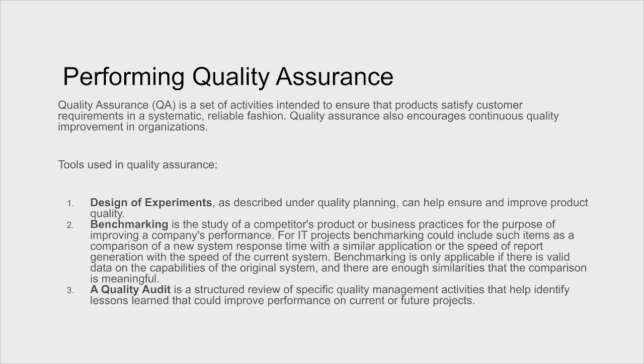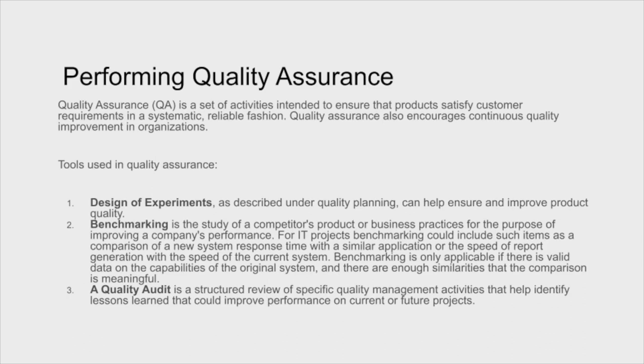What we're trying to do is to say our product fits somewhere in that spectrum of products. So for IT projects, benchmarking includes such items as comparison of a new system's response times to similar applications or similar systems somewhere else. It's really only applicable if there is a competitor that has similar products, okay? So if you have nothing to compare it against, benchmarking won't work.